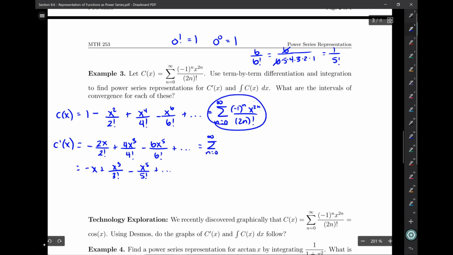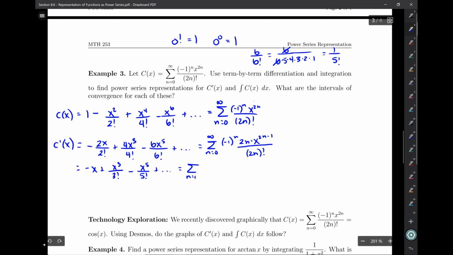Okay, so let's take the derivative of this, and then we'll see how it simplifies to get to the next step down here. So again, negative 1 to the n is just a constant. And then what I'm really taking the derivative of is this x to the 2n part. So I bring the exponent down, and then subtract 1. Right? So it'd be 2n x to the 2n minus 1, divided by, and just like negative 1 to the n is a constant, 2n factorial is also a constant.